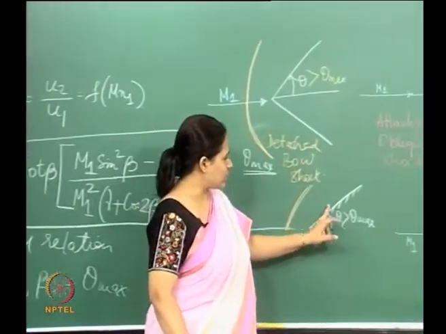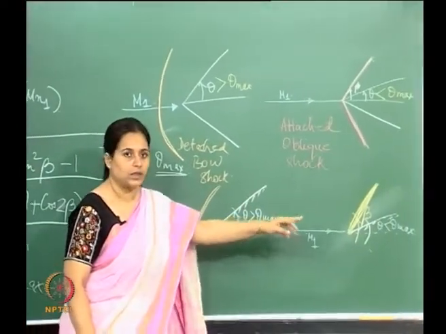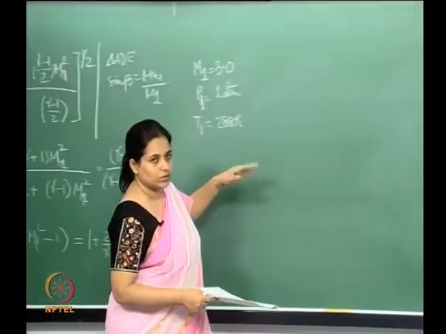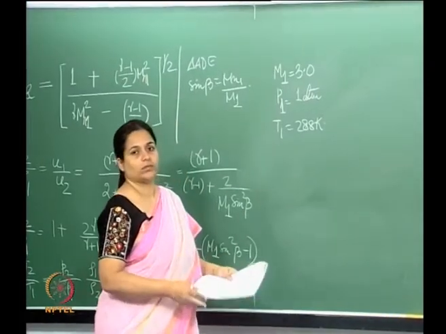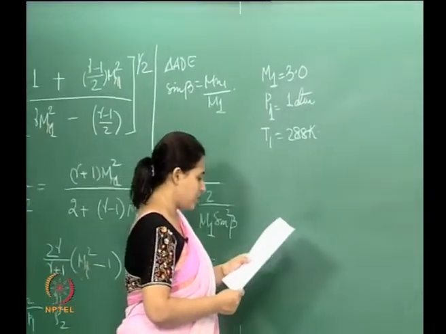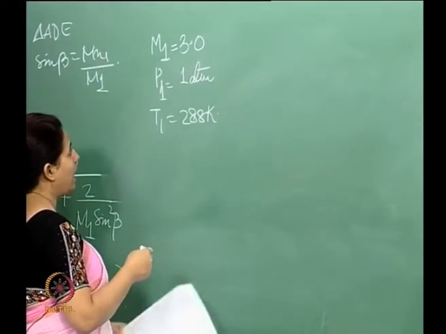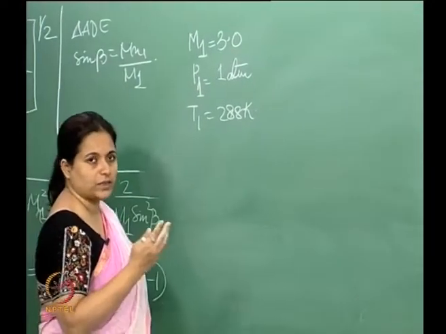So basically it is encountering a corner, and an oblique shock happens, and that deflects it.